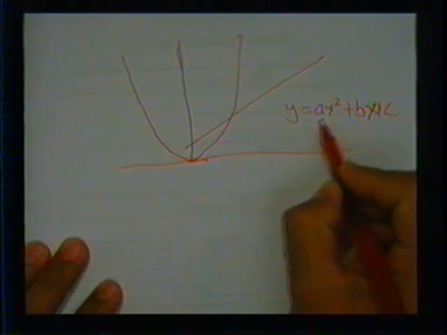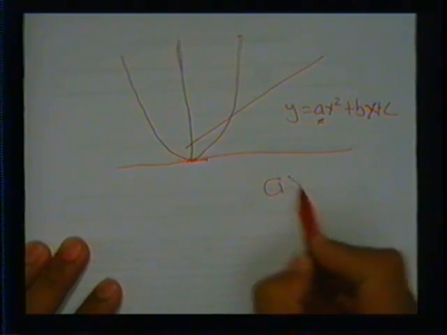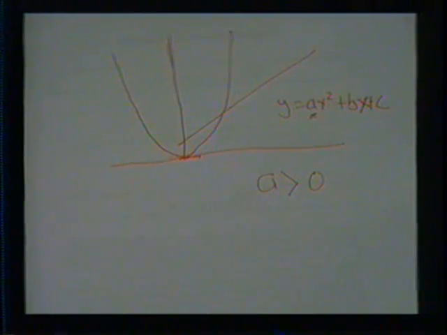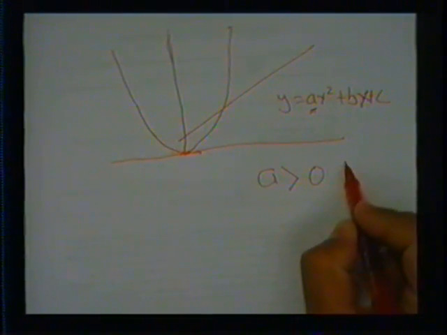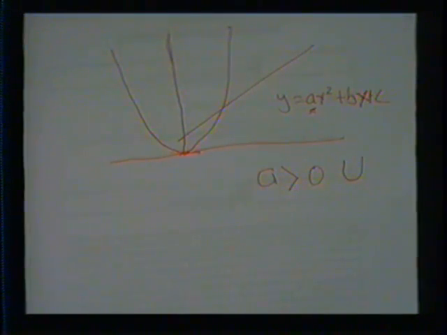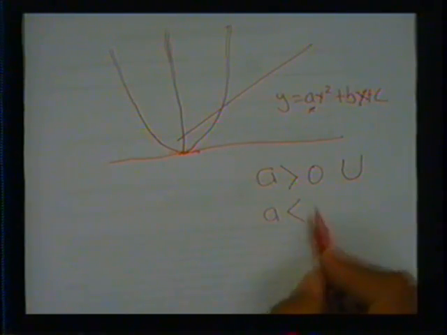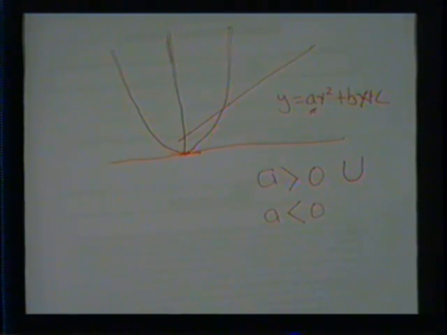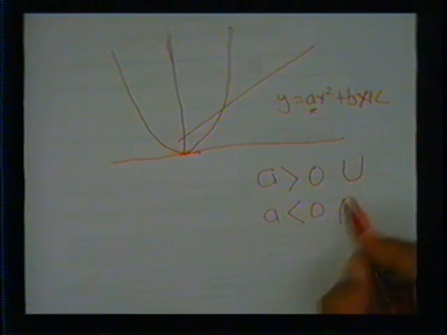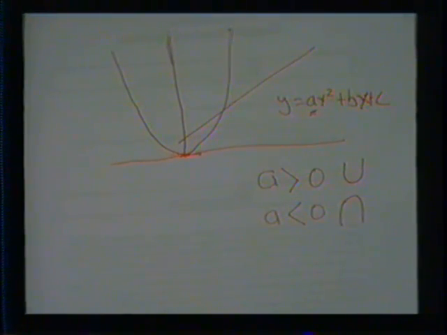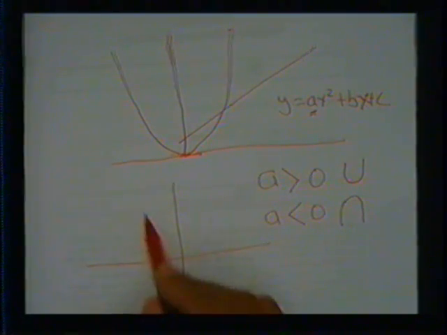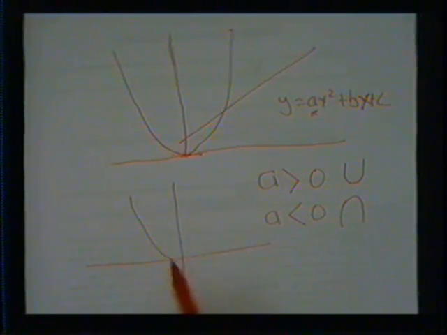Linear is just a line. Now depending upon this value of a, if a is greater than 0, your graph is like a U. And if your a is less than 0, then your graph looks like an inverted U. If a is greater than 0, it's going to be like this.